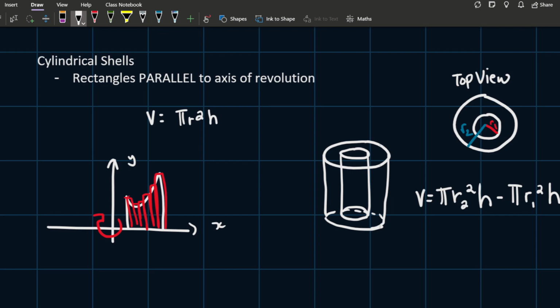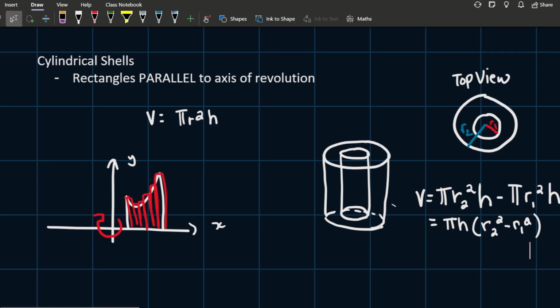Okay, so the volume of this particular cylindrical shell is given by this. As I've said, parehas yung height nila. So we can actually factor out pi and h. And then we're left with R2 squared minus R1 squared. Okay?